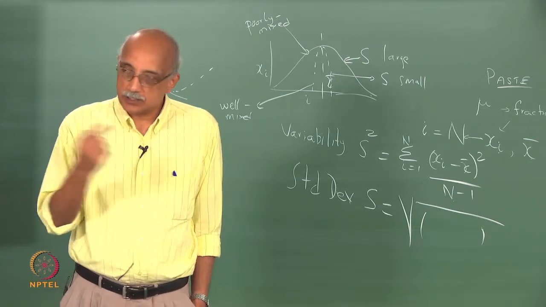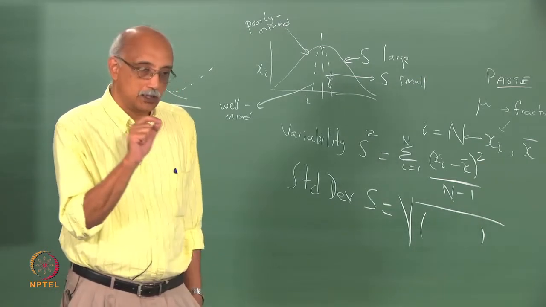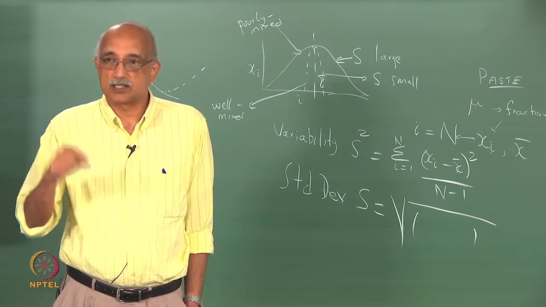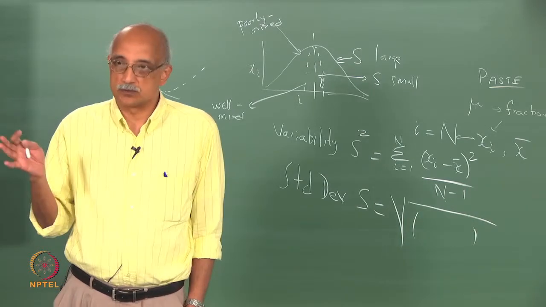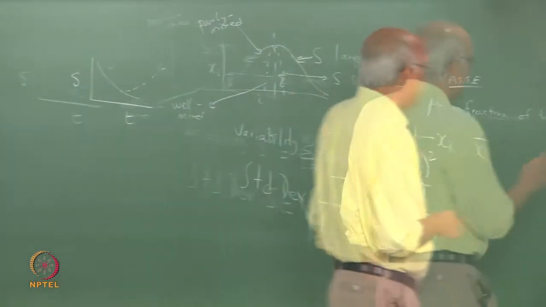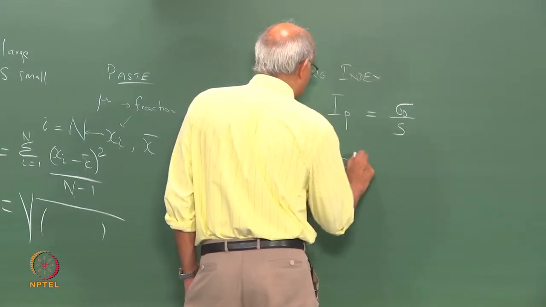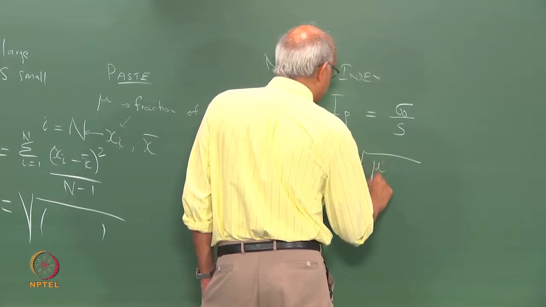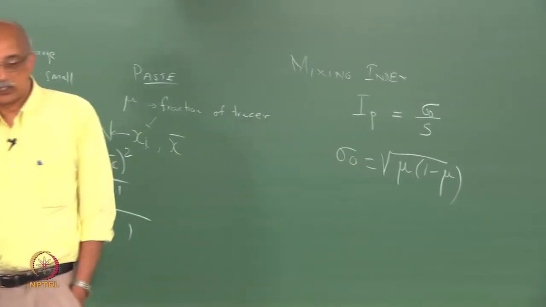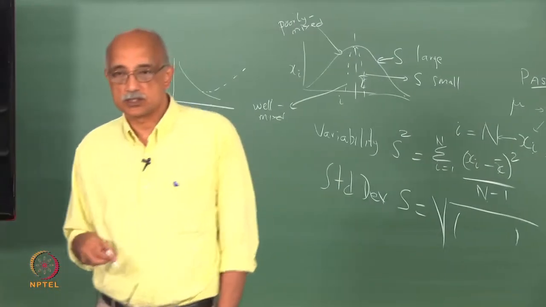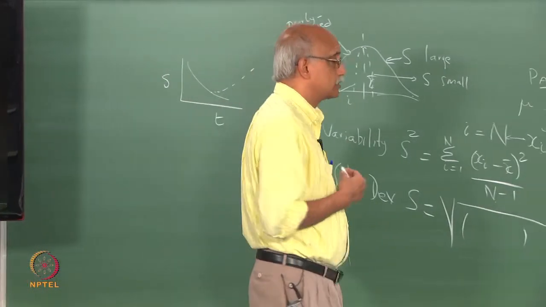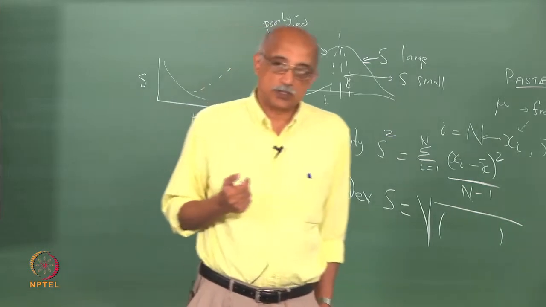Or in the case of a tracer, you will say that at point A, either xi is equal to 1, it is all tracer, or xi equal to 0. So, it is a bimodal situation, a 0 or 1 situation. In a case like that, sigma 0 is defined as the square root of mu times 1 minus mu, where again mu is the initial concentration of the tracer in your paste. So, if I look at this ratio of sigma 0 to S, at time equal to 0, it is 1.